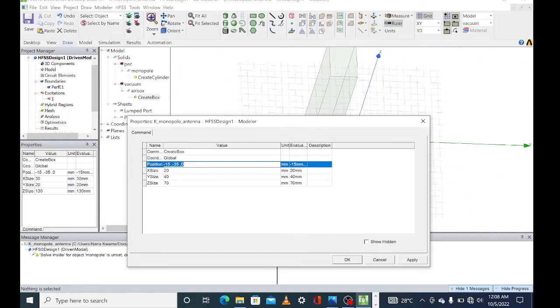As usual, I want it to divide the coordinate into 2, so minus 20 divided by 2, minus 40 divided by 2, minus 70 divided by 2.